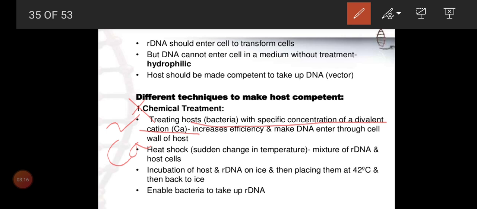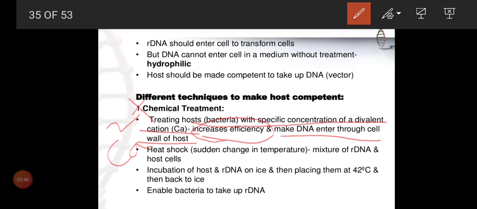It will increase the permeability of the cell membrane and make DNA enter through the cell wall of the host. This is the first method. When it enters, it needs to attach to the host, enter it, and go for replication and other processes.